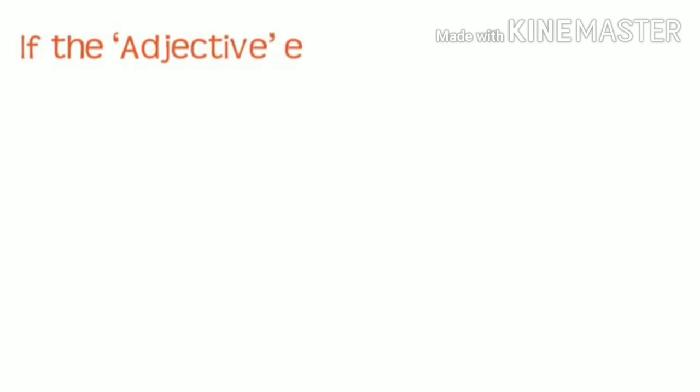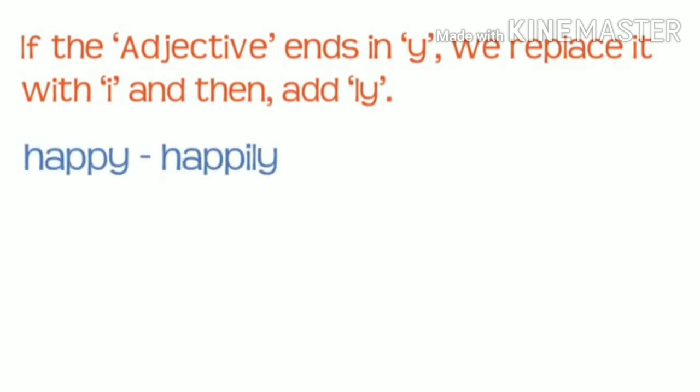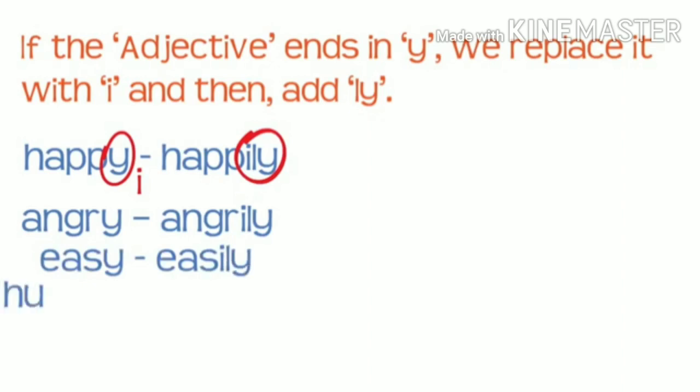If the adjective ends in y, we replace it with i and then add ly. Dear kids, let's try. Happy, happily. Here, at the end of the word happy, we can see y and we will replace y with i and then add ly. Happy, happily. Angry, angrily. Easy, easily. Hungry, hungrily.